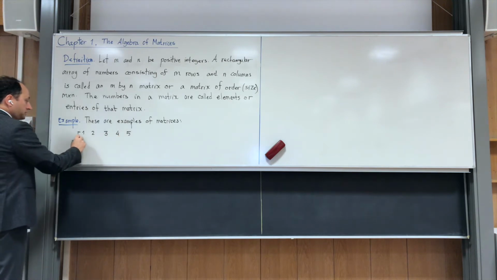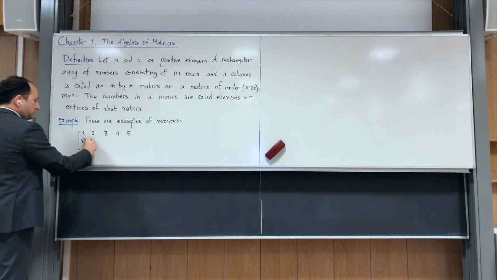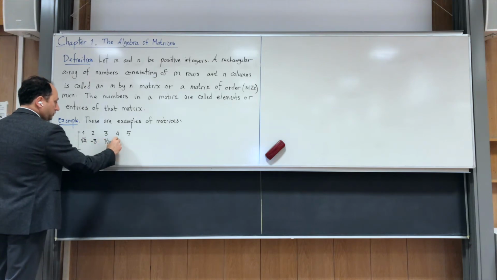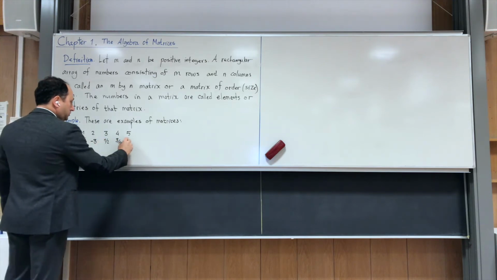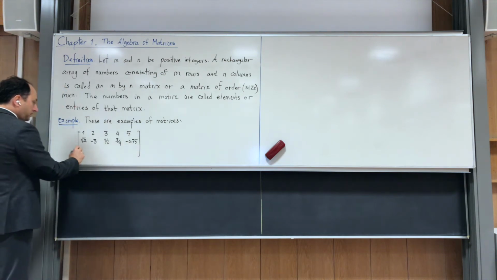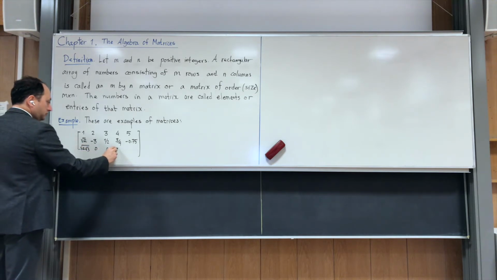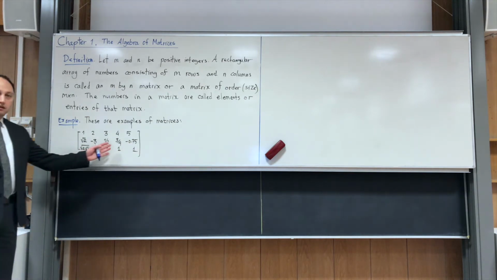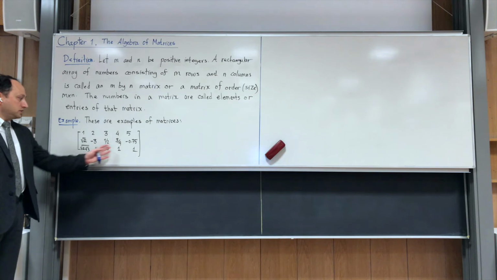So let me write, for example, a square root of 2, minus 3, 1 over 2, 3 over 4, minus 0.75. And then, for example, square root of 2, minus the square root of 3. Then I can have 0, 0, 1, and again 1, for example.